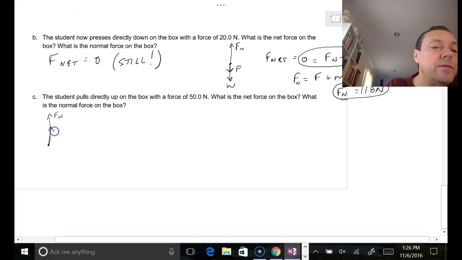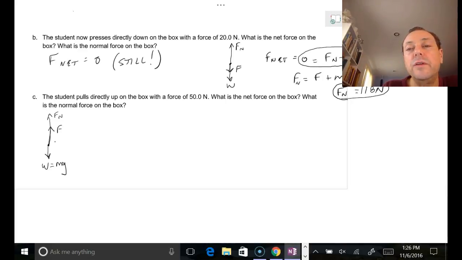I have a 50 newton applied force. And I have the weight, which is of course mass times gravity. Okay, so the only thing that happened really is that my applied force changed size and direction.